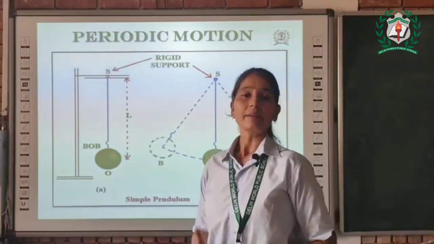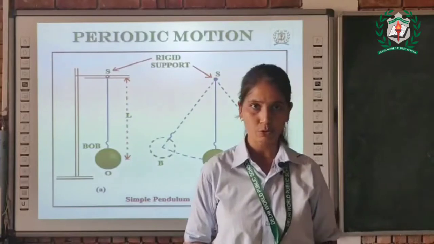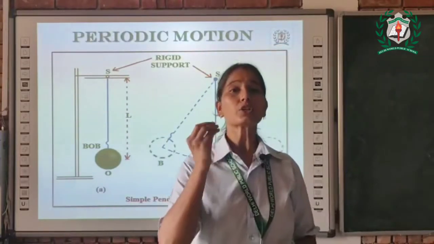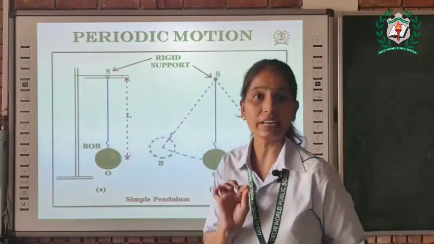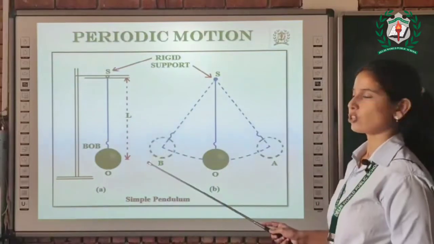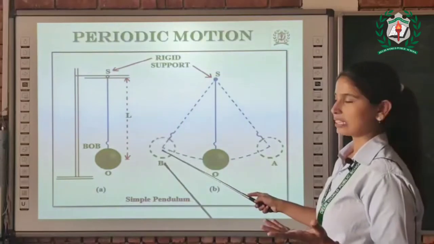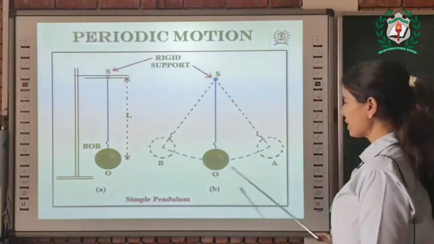The movement of this pendulum is oscillatory motion. What is oscillatory motion? The to and fro motion of the pendulum is called oscillatory motion. To and fro means forward and backward. As we can see in this picture, the pendulum can move either this side or this side.